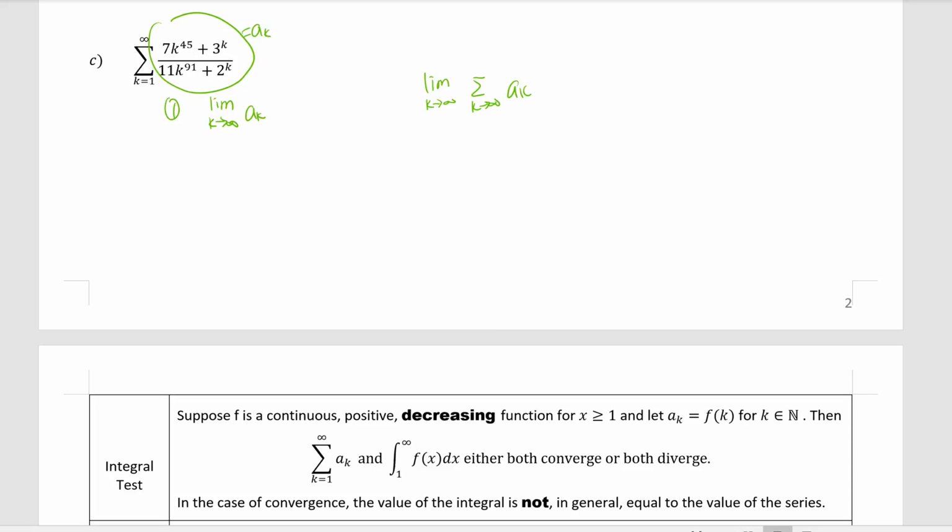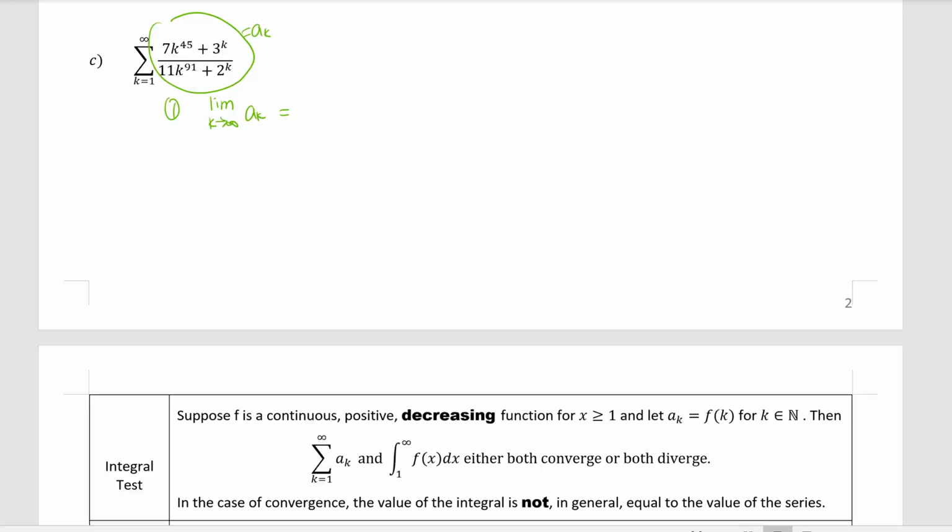No, there's no such notation. Don't combine them together. It's either the limit of the sequence or the series. Don't combine those together. So it's the limit of the sequence, not the series. Don't put the sum over here.